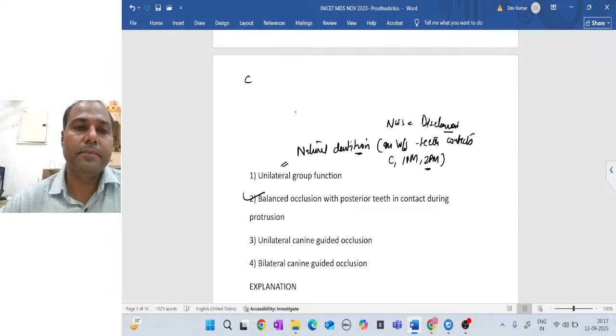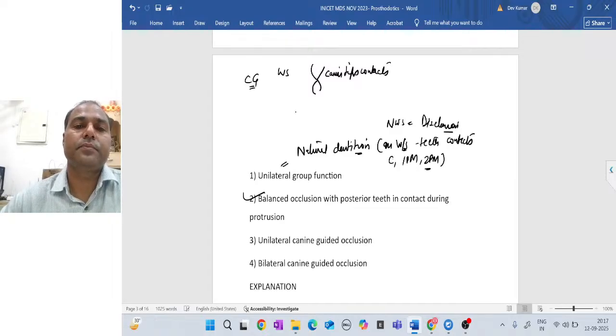Canine guided: on the working side, only the canine tip contacts, okay, and nothing contacts elsewhere.